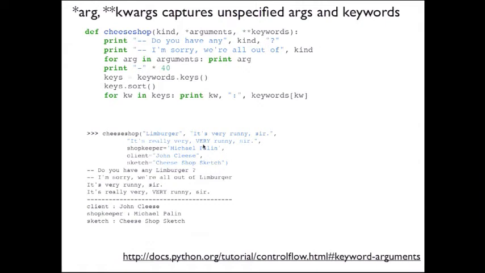Okay? What this is actually doing here is essentially unpacking the result. So when we send this to cheese shop, everything that is after kind that isn't in this form of keyword, keyword, keyword gets turned into something called arguments. And then when you unpack it, you wind up having essentially a list.